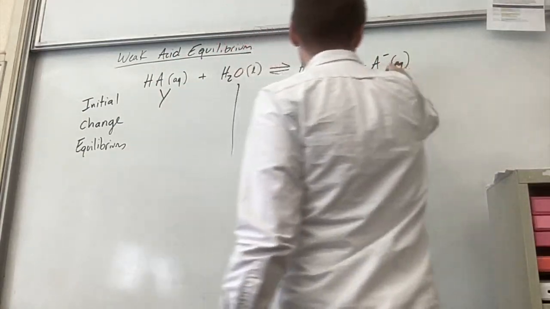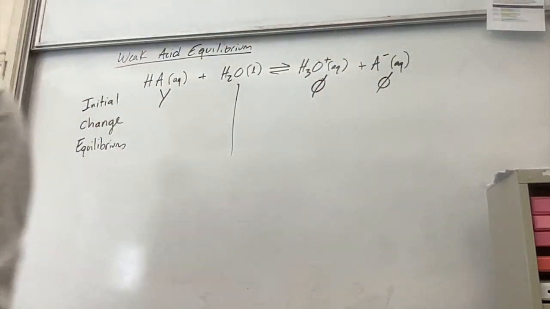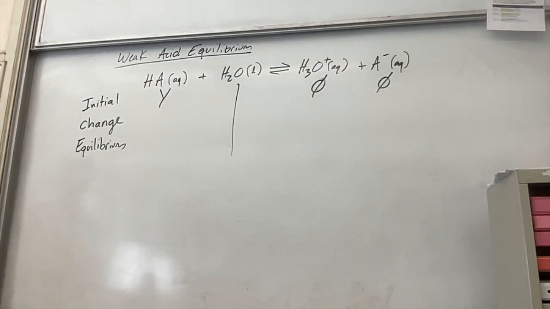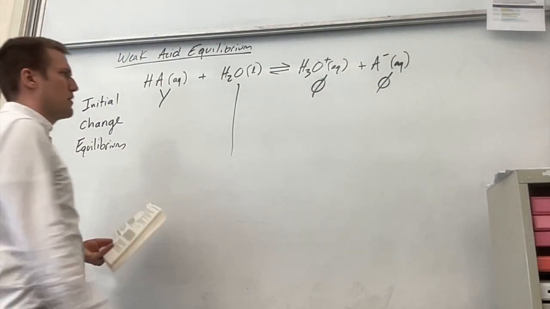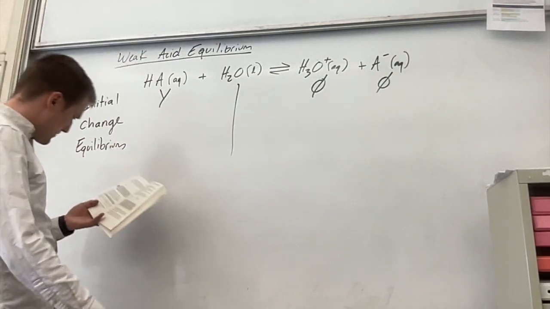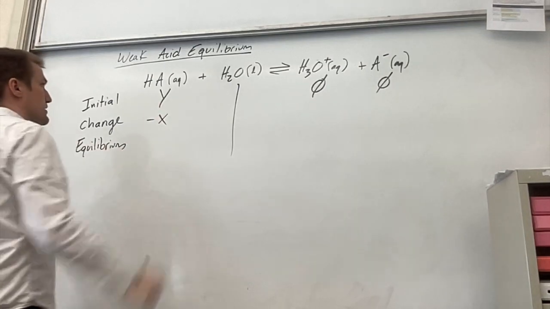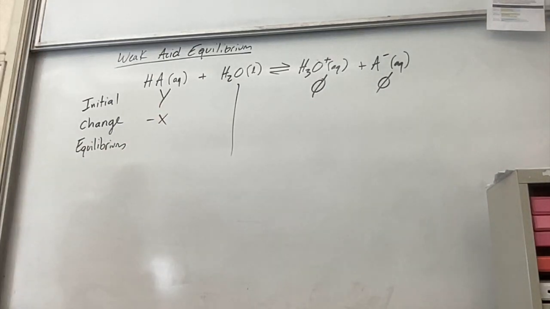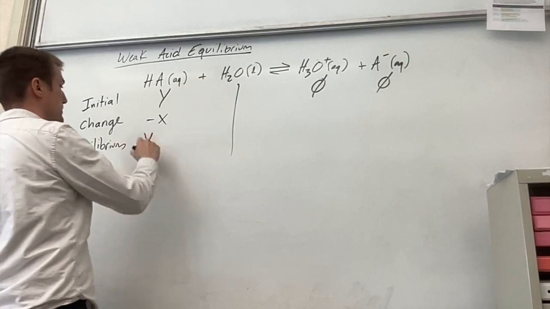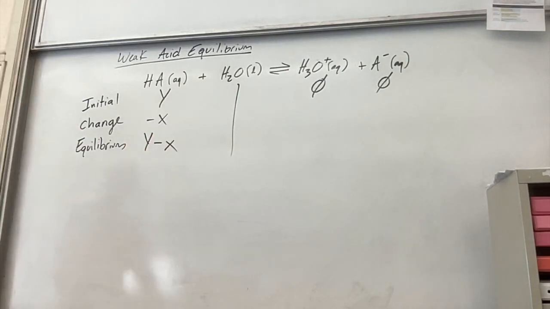Okay, so you're starting with 0 of the dissociation products. That's always going to be true unless you have some other common ion stuff going on. Change, let's say it's minus X, right? It'll go down, so at equilibrium, you will have Y minus X as the equilibrium concentration of the weak acid.